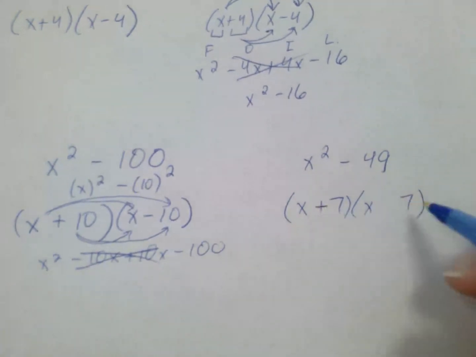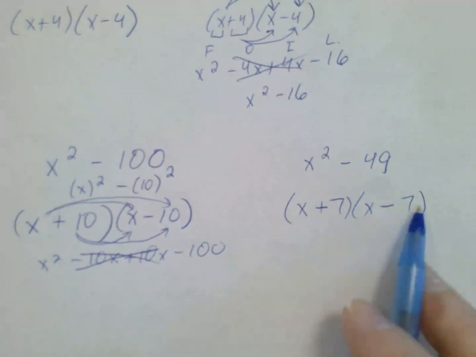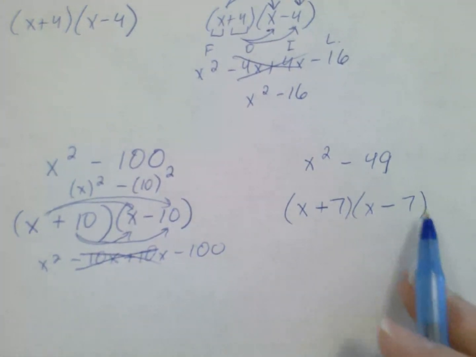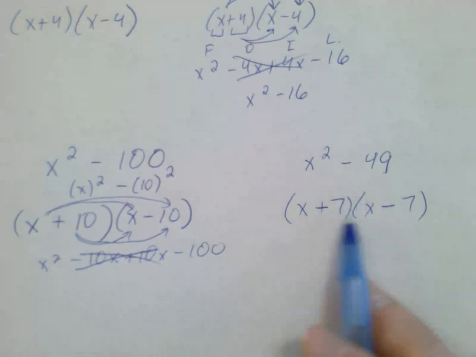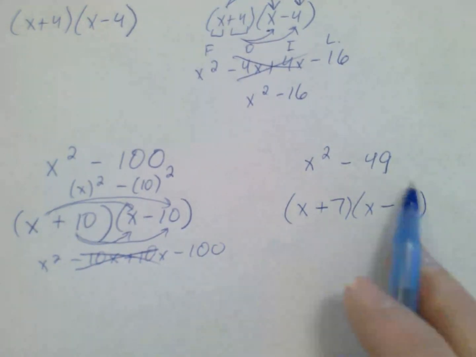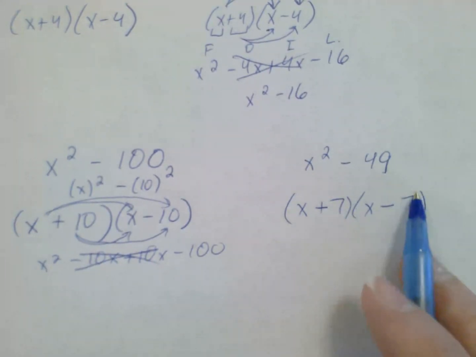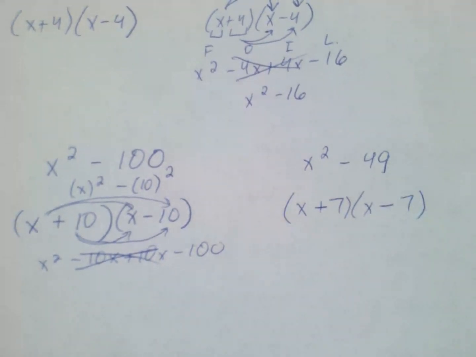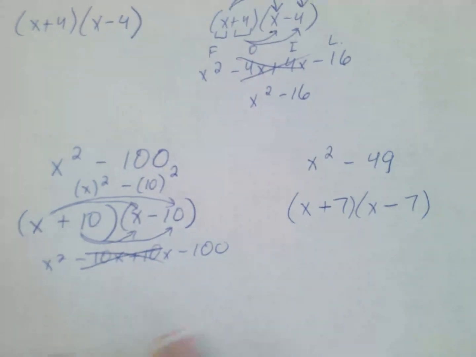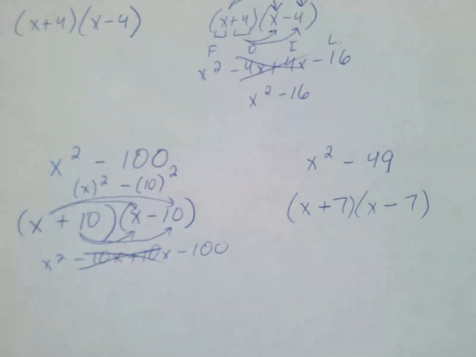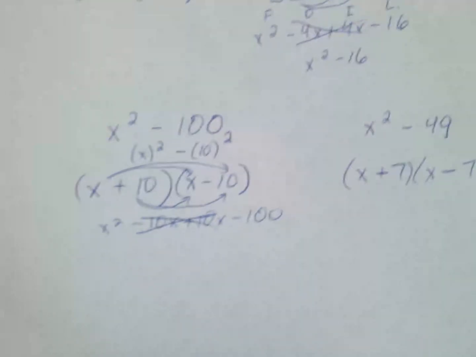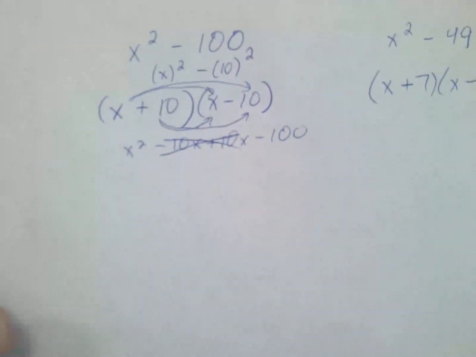But then you have to make sure you have one positive and one negative so that those middle terms would cancel each other out, so that this positive 7x and this negative 7x would cancel each other out. And then this 7 times negative 7 is negative 49. Now, they're not all going to be that easy. Most of them are really and truly that easy, but they of course can get more complicated.